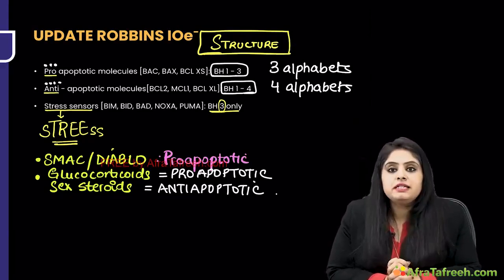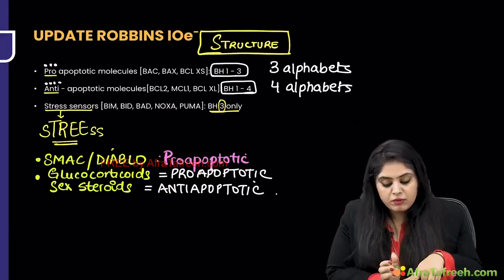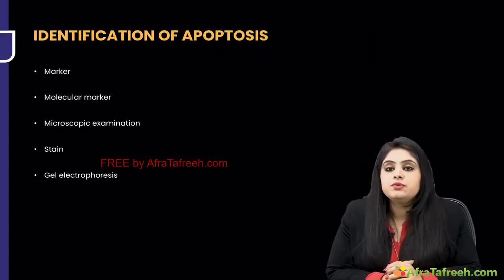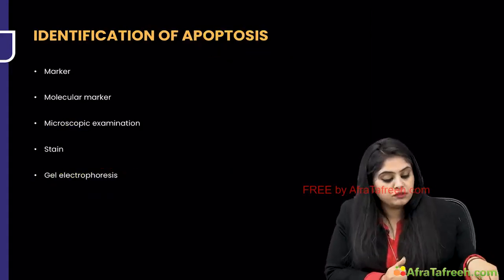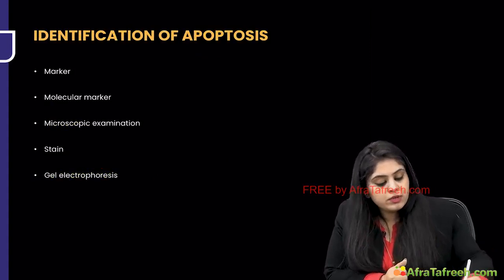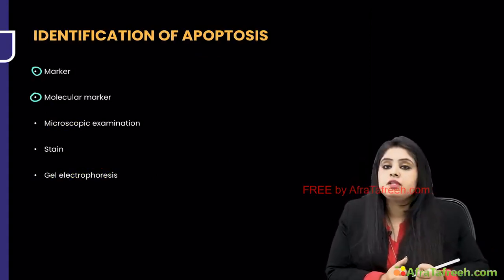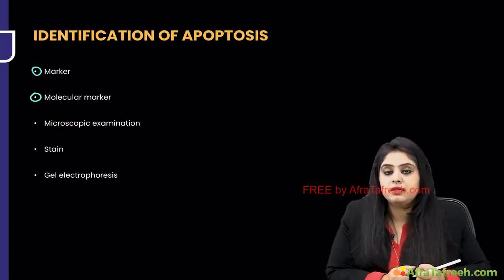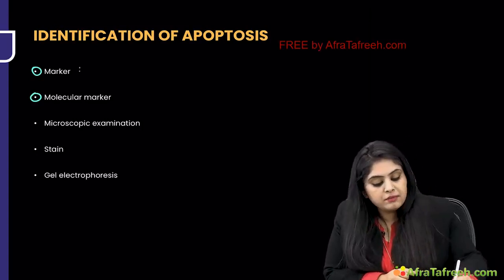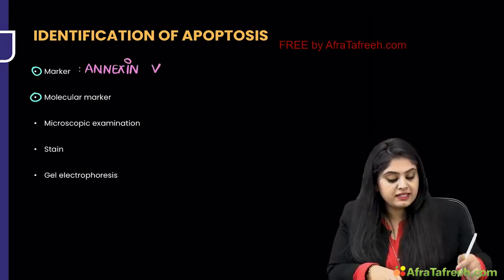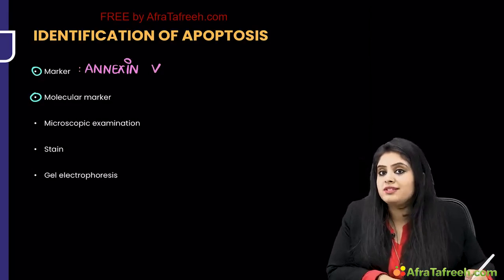Having said that, we have studied the mechanism of apoptosis. Now we move forward and talk about how to do the identification of apoptosis. So please remember, there will be 2 questions they will be asked to you. The marker and the molecular marker. So remember, the marker is something known as annexin 5. When I say that, there's a very important point that I want to tell you.